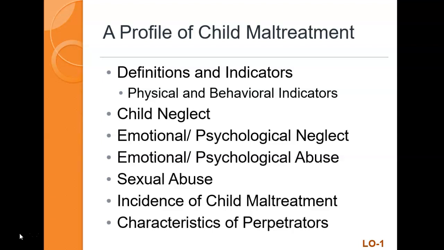Sexual abuse is any sexual interaction, including fondling, sexual kissing, and oral sex, as well as vaginal or anal penetration between an adult and a child. The book identifies it as a prepubescent child, but in general, any child.